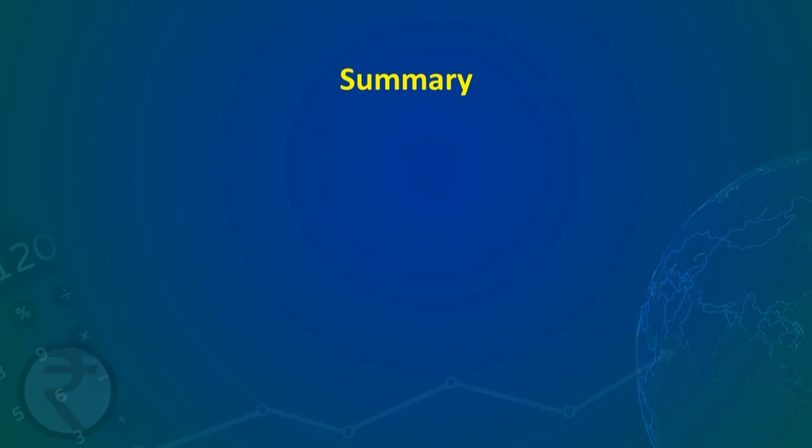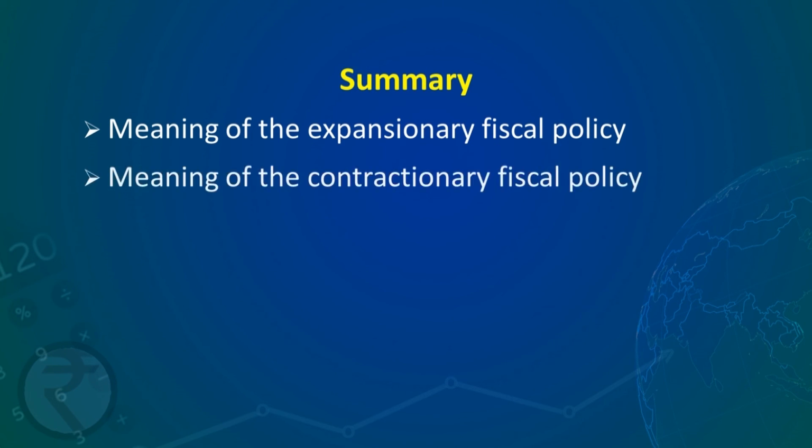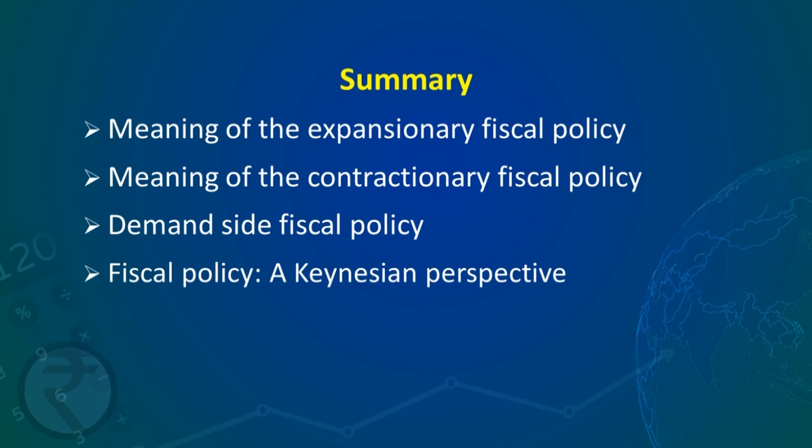So, in this lecture we have discussed the meaning of expansionary fiscal policy and the meaning of contractionary fiscal policy. We have discussed the demand side fiscal policy from the Keynesian point of view.